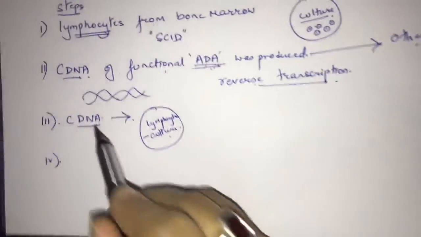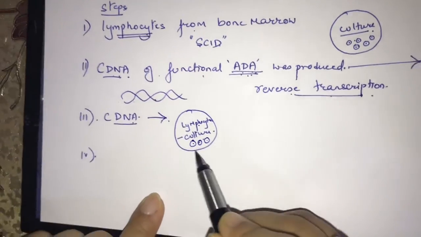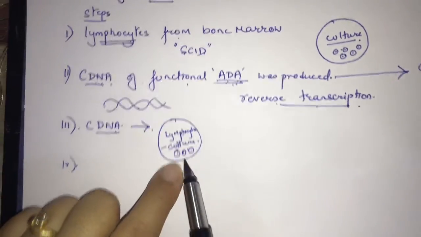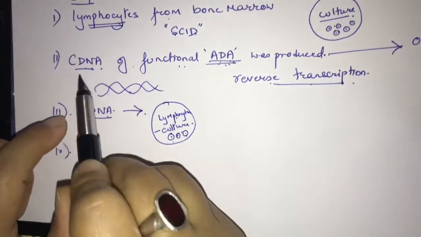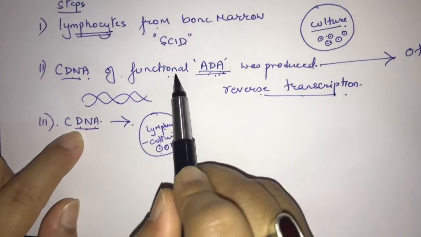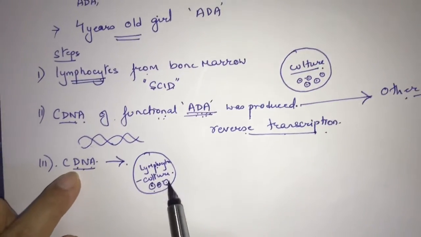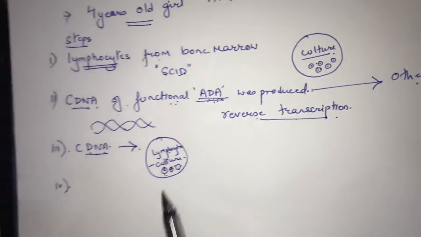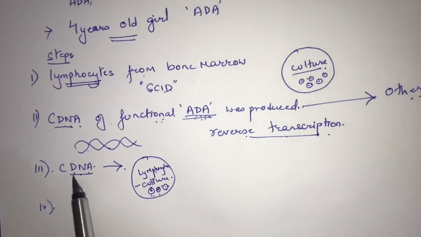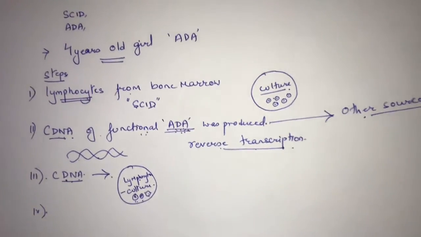Now, when the cDNA is introduced into lymphocytes, each lymphocyte has this functional cDNA, which has the functional gene for ADA. All the cells are transformed, because they have the functional cDNA which codes for functional ADA.